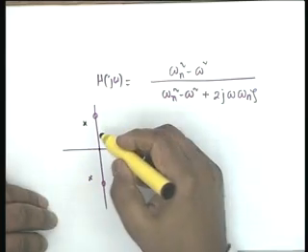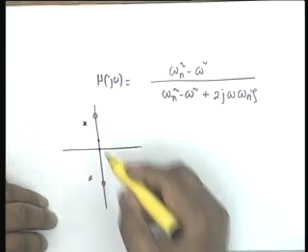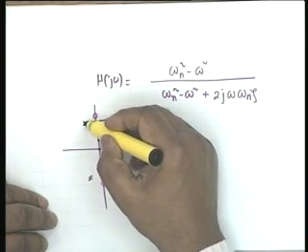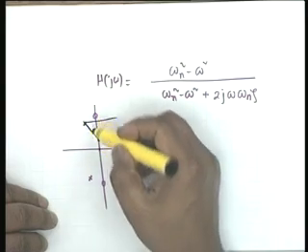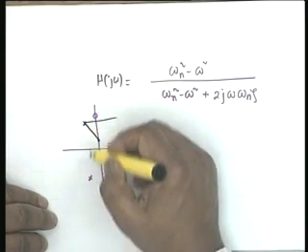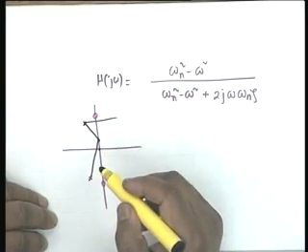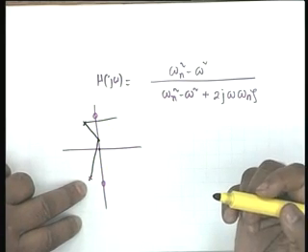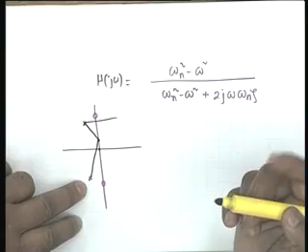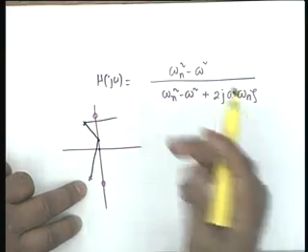In between, suppose omega is slightly greater than 0, then this angle has decreased, whereas this angle has increased, and therefore the angle due to the two poles is positive, and the total angle would now be negative. Therefore, between 0 and omega n, the phase is negative.